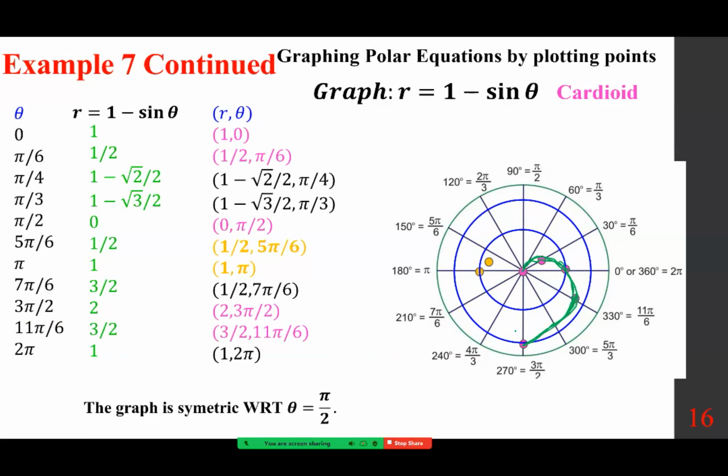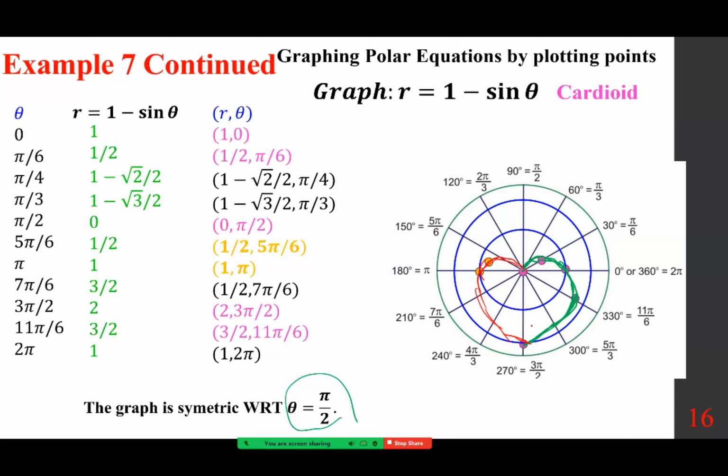Because it's symmetric with respect to theta equals pi over 2, the left side should look the same. So let me use a different color. On the left side, you can use the symmetry and graph it. Again, this is not to scale. I'm going to erase it and show you a better graph, but that's the concept, everybody.